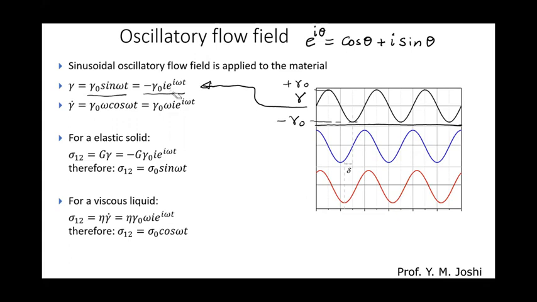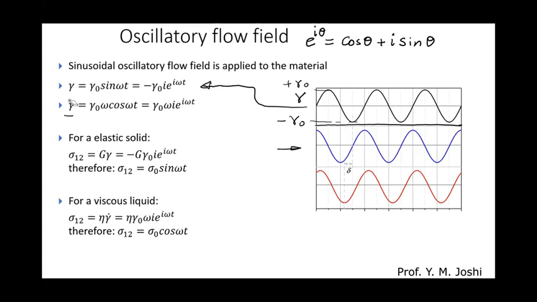All right. So if this is the strain applied to the material, the corresponding strain rate is nothing but the derivative of it. So it is nothing but gamma 0 omega cos omega t. All right. If you see, the derivative of this becomes this. All right. So we have gamma now and we have gamma dot. Both are not independent of each other. Both essentially represent one and the same thing.